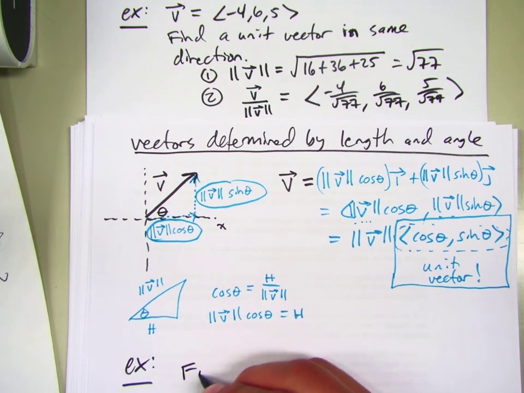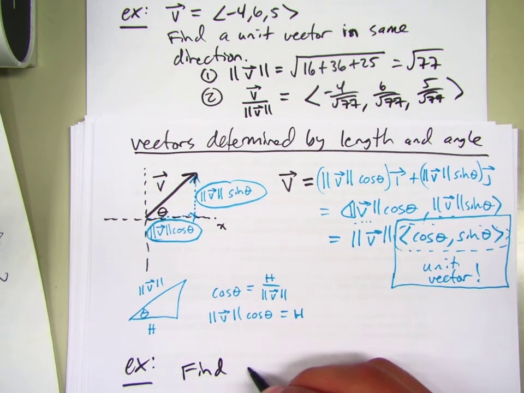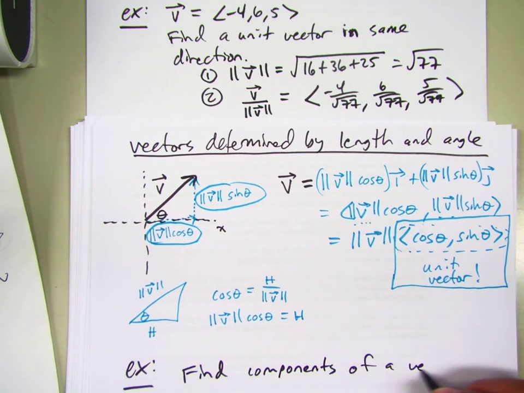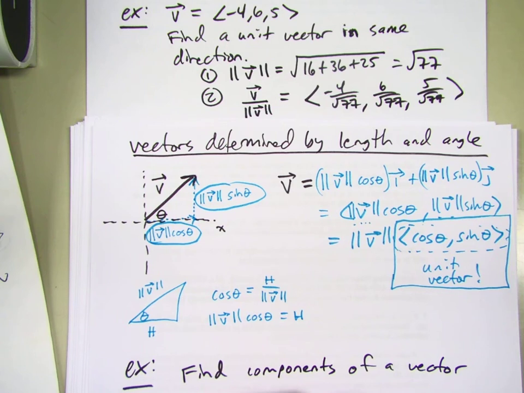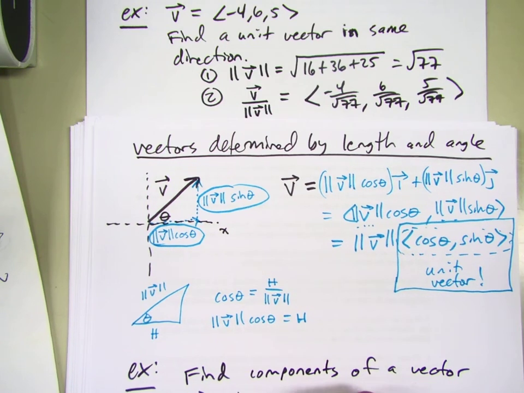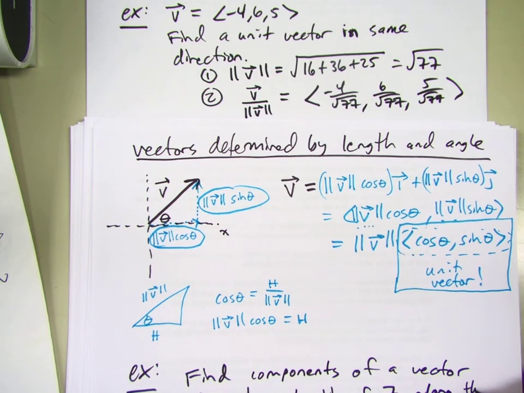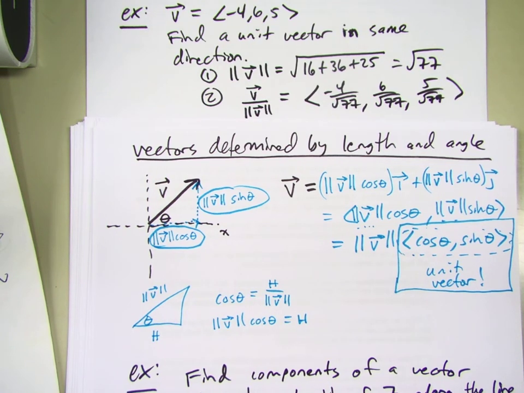So let's say we want to find the components of a vector v with a length of 7 along the line from 0, 0, 0 to 3, 2, 2 root 3.